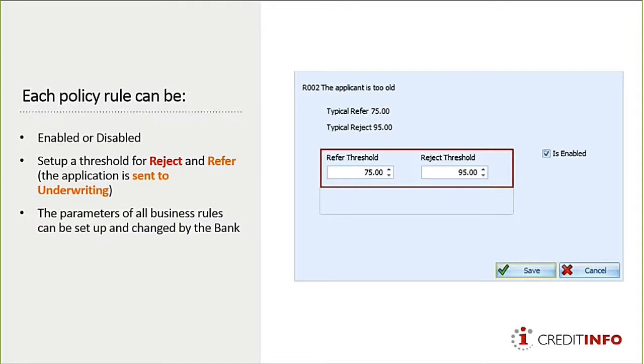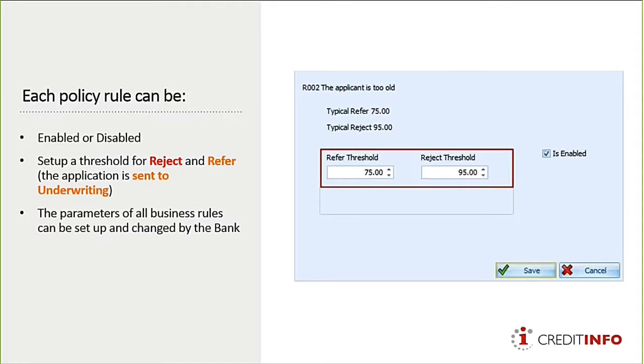If an applicant is older than the second threshold, then the application is automatically rejected. Don't take these numbers as real. This is just an example of the settings which an institution can set up for themselves. So every rule can be enabled or disabled.